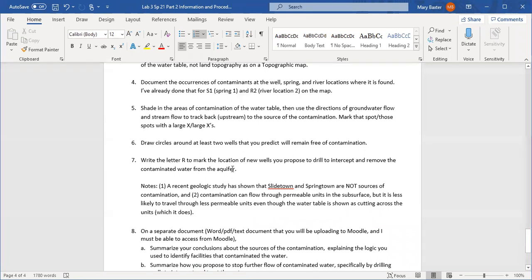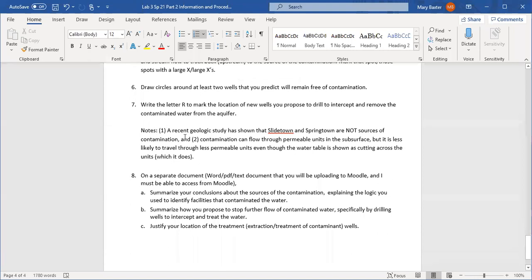Okay. Notes, this is really important here. Note one: a recent geologic study has shown that Slide Town and Springtown are not sources of contamination. That's really important.